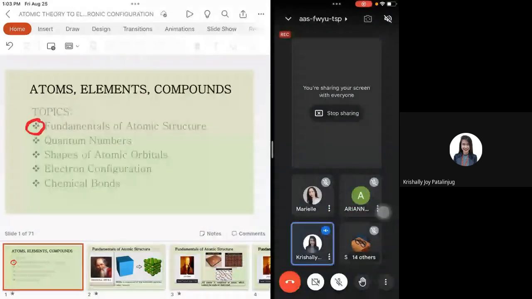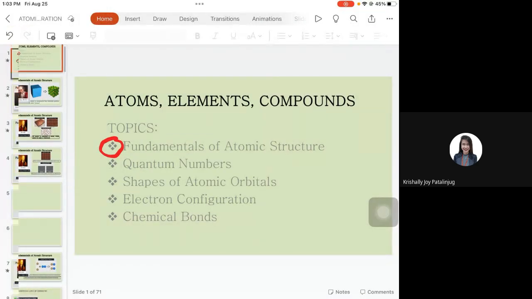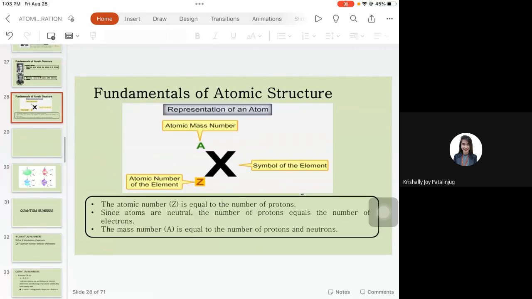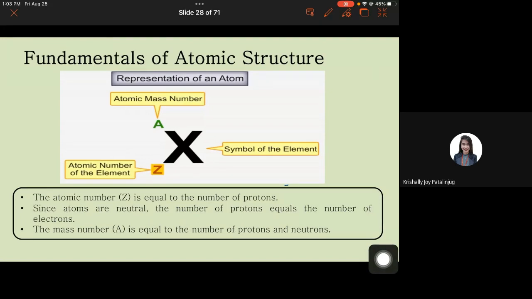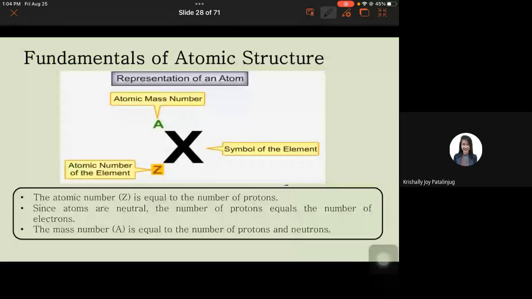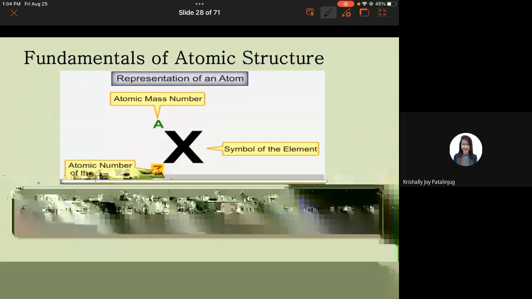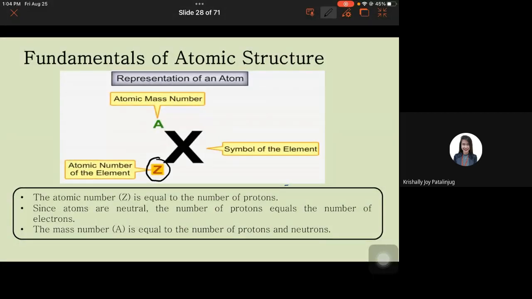Okay, last meeting we were able to discuss all about fundamentals of atomic structure, and then we finished up until this slide. So let's have a quick review. Recall, class, that the correct representation of an atom, given its elemental symbol, is you write the atomic number, designated with letter Z, on its left side, bottom part, and the atomic mass is written on the left side, topmost part.